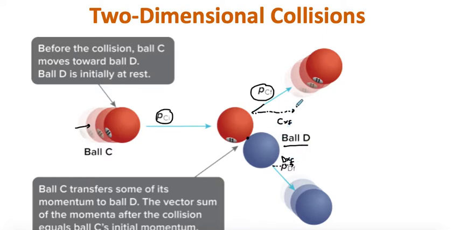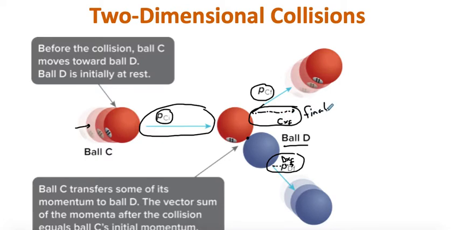If we put this vector with that vector, if we add them together, that should equal the x component, which is that vector, right? So these components, these are final components, must equal this initial component.